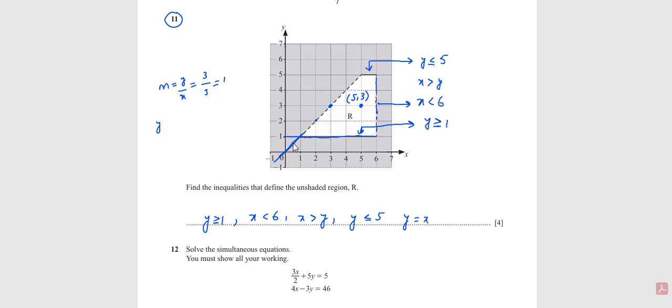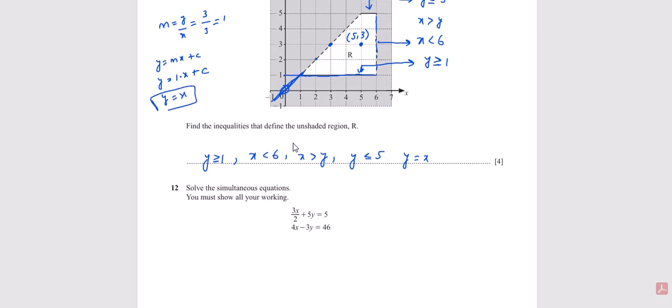So y is equal to mx plus c. y is equal to, put the value of m is 1, x plus c, c is 0 because this crosses the origin. So y is equal to x. This is our final answer.